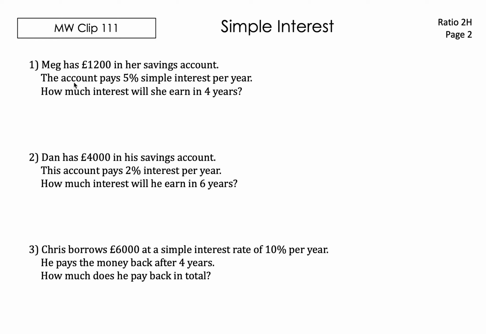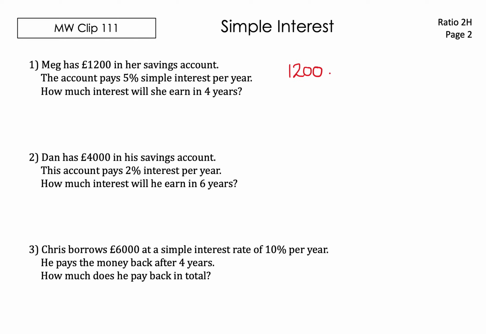Okay, so question one, Meg has £1,200 in her savings account. The account pays 5% simple interest per year. So if you've watched the video before this, you'll know that she's just going to get 5% of £1,200 every year for 4 years. So to work out what that interest will be, we're going to do 1,200.